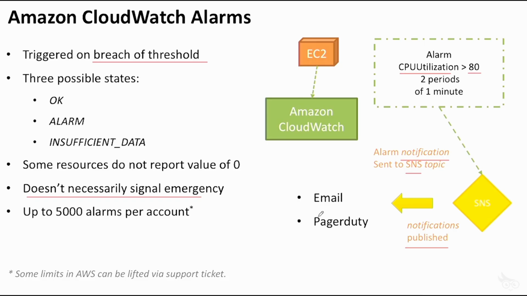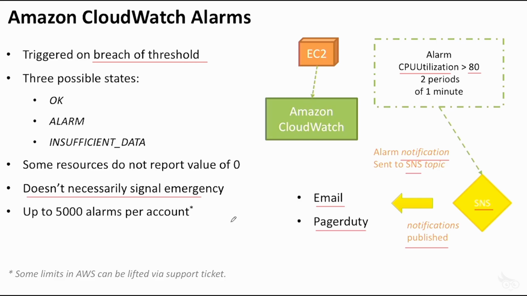In this particular example, we're going to subscribe to this topic by way of email and a service called PagerDuty. And then PagerDuty will be responsible for sending that alert to a cell phone and then escalating that to various team members if someone doesn't respond in a particular period of time.